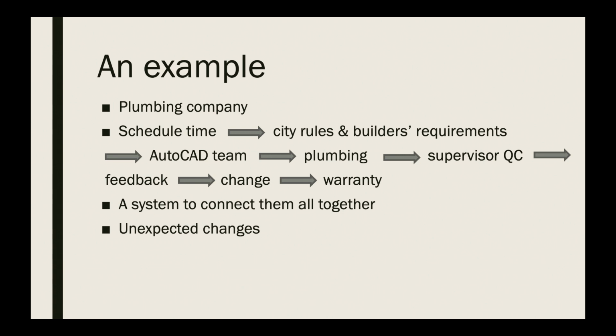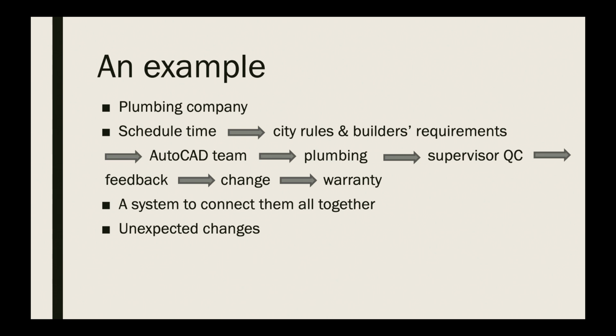Whenever houses need to be constructed with plumbing systems, our scheduling team will communicate with the builders to schedule a time for each specific house. Then the scheduling team will type the city's requirements and builder specific requirements into the system. After this step, the AutoCAD department will work on the design part of the plumbing system.